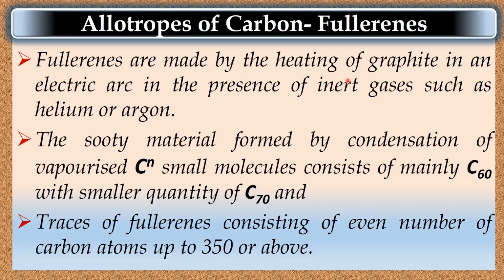Fullerenes are made by the heating of graphite in an electric arc in the presence of inert gases such as helium or argon. The sooty material formed by condensation of vaporized carbon small molecules consists of mainly C60 with smaller quantity of C70 and traces of fullerenes consisting of even number of carbon atoms up to 350.